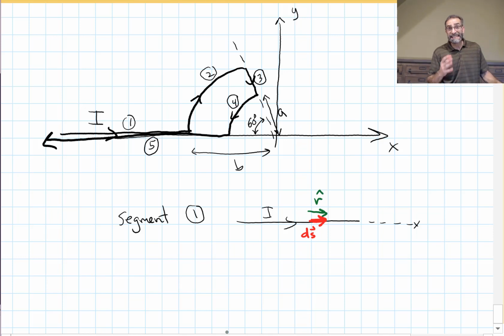R hat and ds point in the same direction. There's no perpendicular distance away from the line of current, so the magnetic field at the origin due to this current is 0. ds cross r hat is 0.